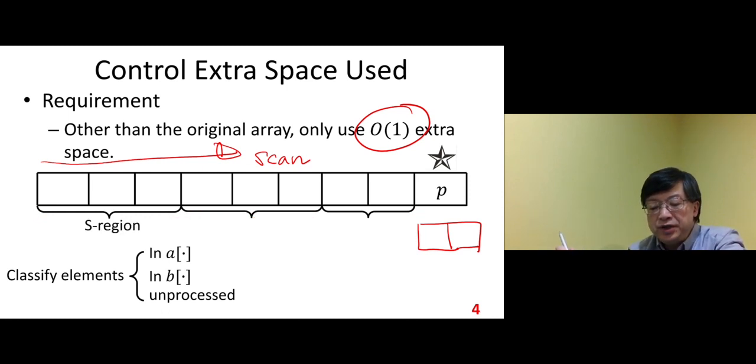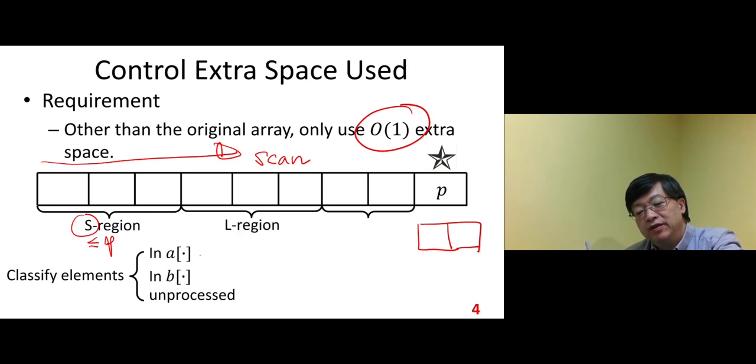In order to facilitate our discussion, we create a name for each. S region: S here means smaller, smaller than or equal to p. So the A array should go to the S region. L region: larger than p.